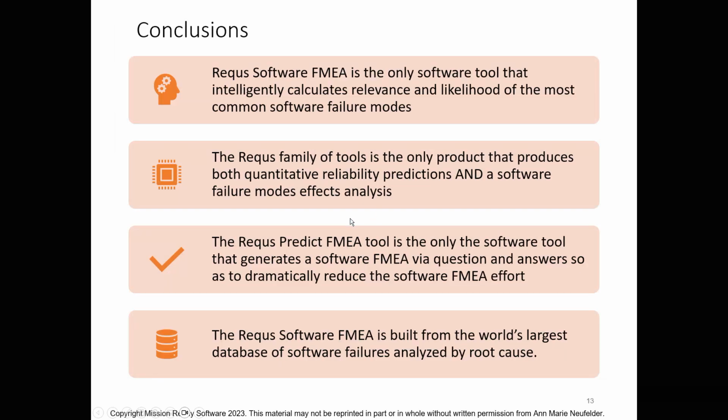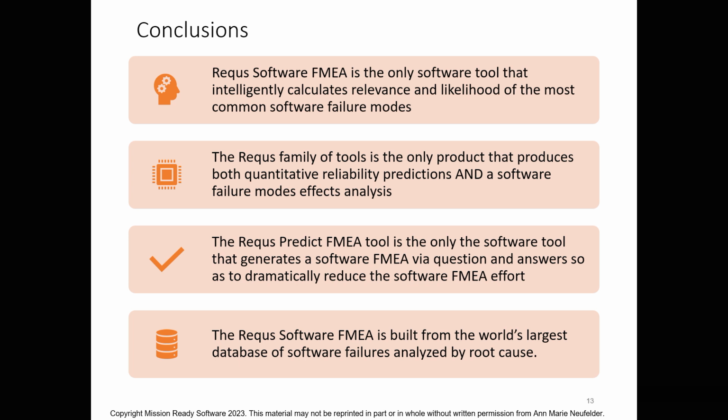Okay, some conclusions here. The Requs Software FMEA is the only tool that intelligently calculates the likelihood and the relevance of the most common software failure modes. It is part of a family of tools, and that family of tools is the only product that does both quantitative reliability predictions and software FMEAs in one product.